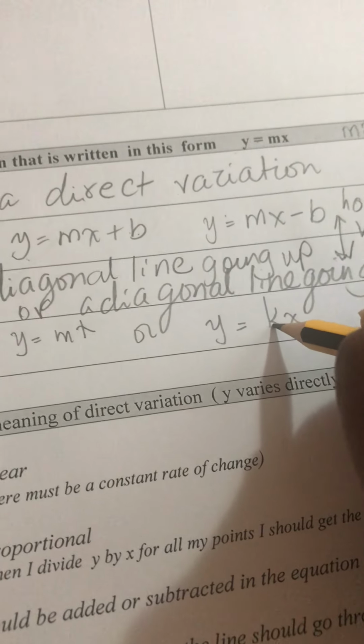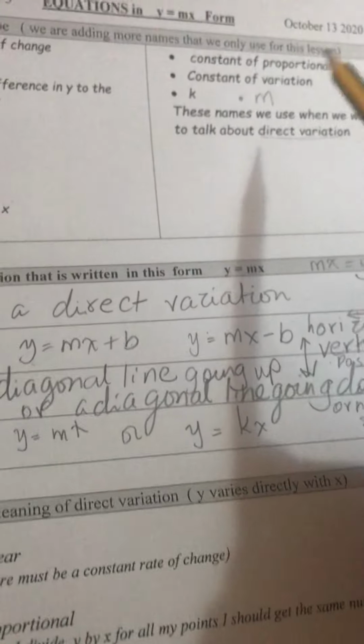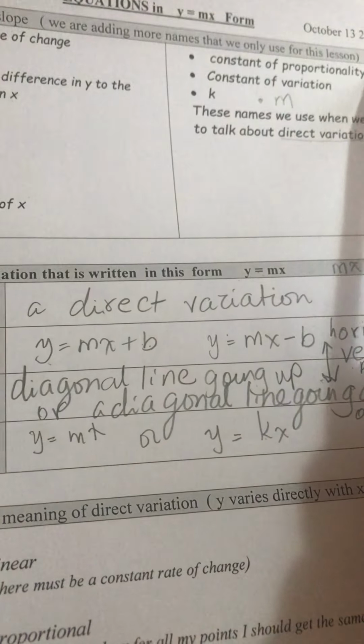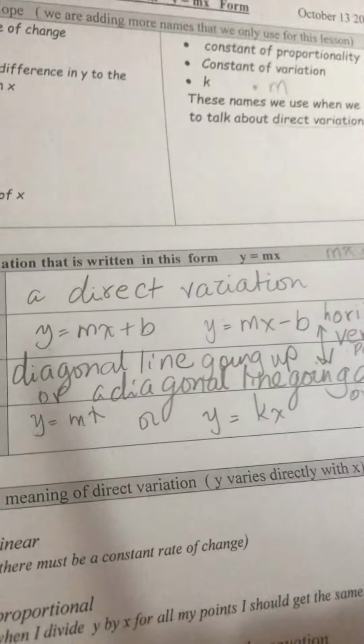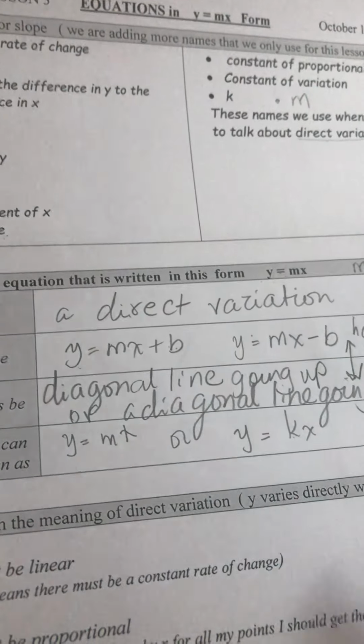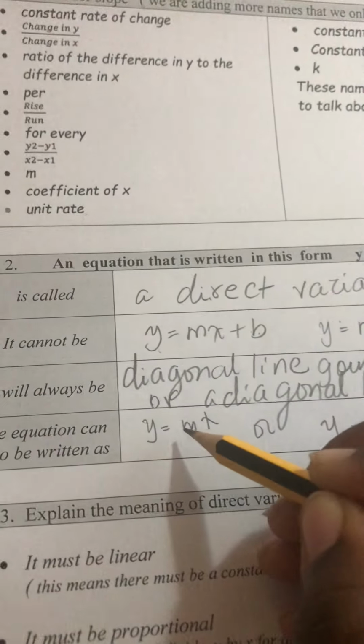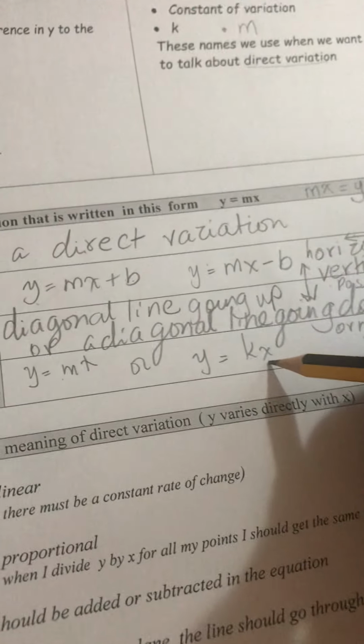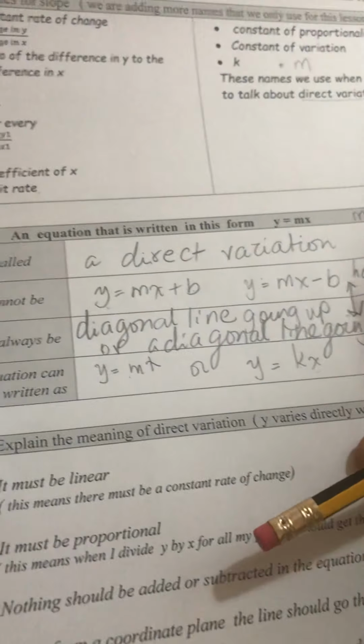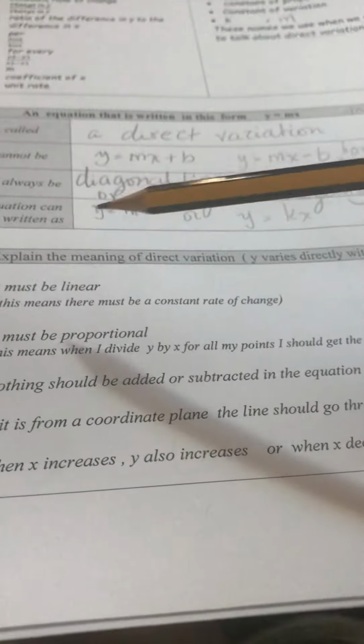If you see a k, I am asking you for the constant of proportionality, which is another name for the slope. So it can be written like this or like that.